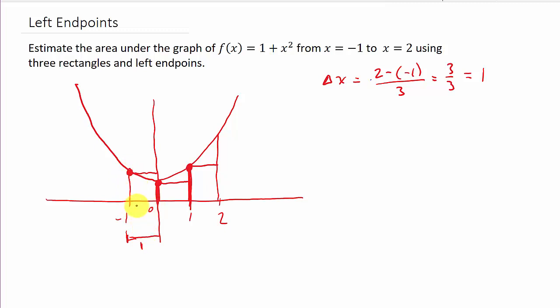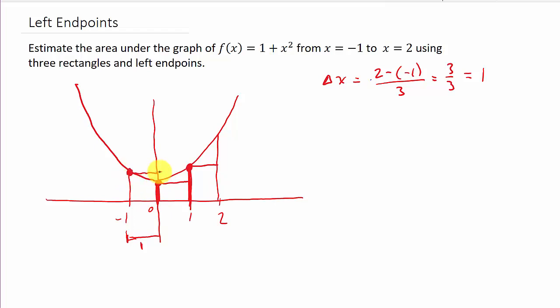Well, we know the width of each rectangle is 1, but now we need the height. So how do we get the height of this rectangle here? Well, that's the value from here to here, this y value.